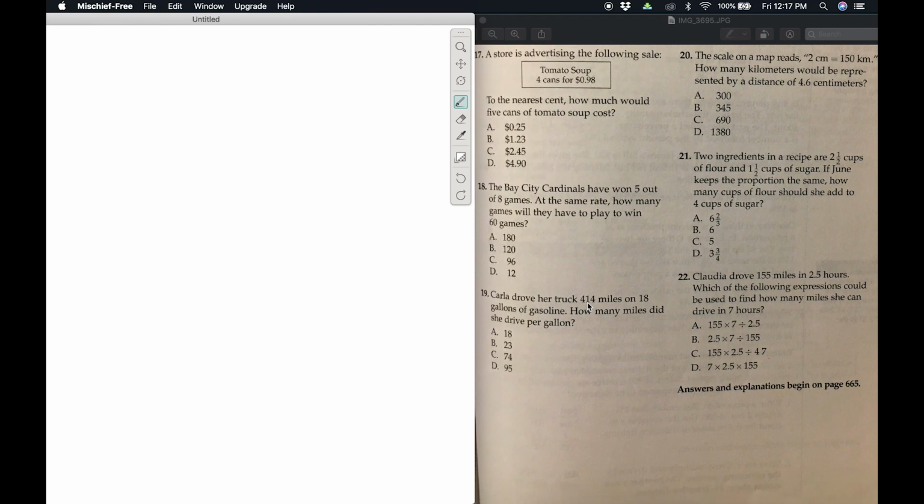Carla drove her truck 414 miles on 18 gallons of gasoline. How many miles did she drive per gallon? Okay, so 414 over 18 gallons.